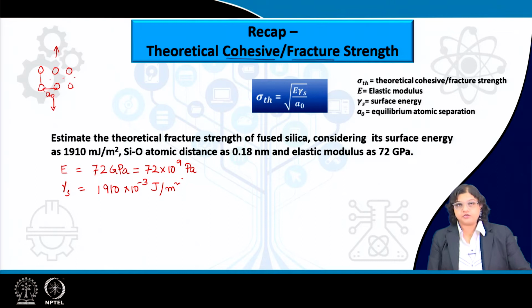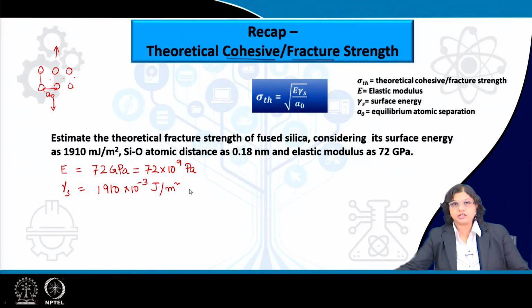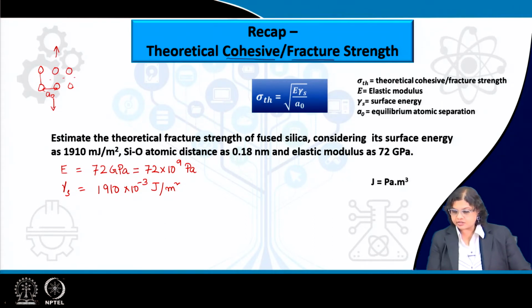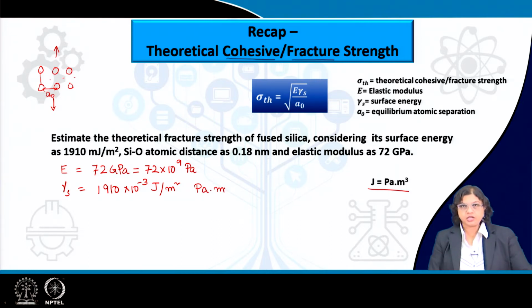So, we need to be very careful about the units, and for that we need to know the relation between the different units, and in this case this relation would be important: joule equals Pascal into meter cube. So, that makes this unit Pascal meter, right. And the other thing that we have is A0, which is 0.18 into 10 to the power of minus 9 meter.